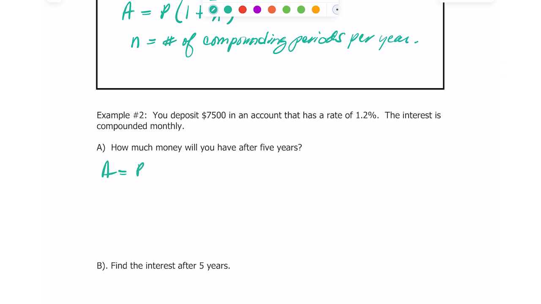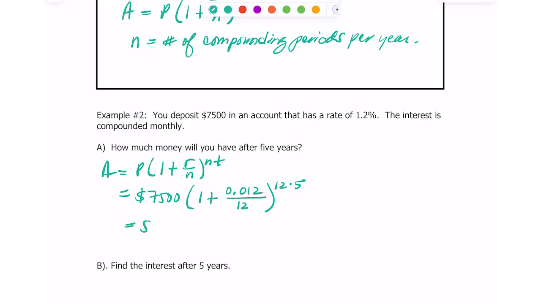We have our formula, and we know that we're looking for A. P is the principal or present value, so that's $7,500, times 1 plus the rate. 1.2% is 0.012, over N. N is how many times you're compounding, so that would be 12 since it's monthly, and then it's to the N, which again is 12, times T, and T is 5 years.